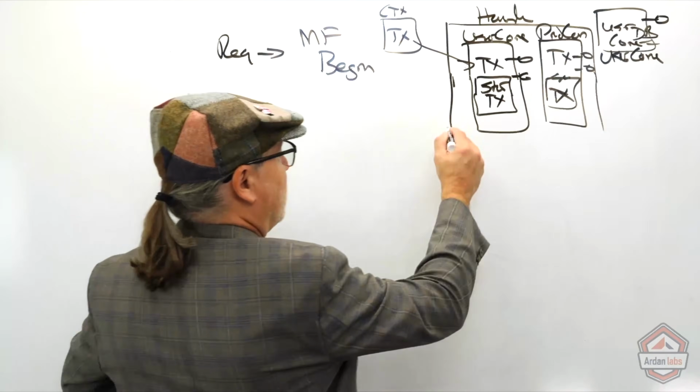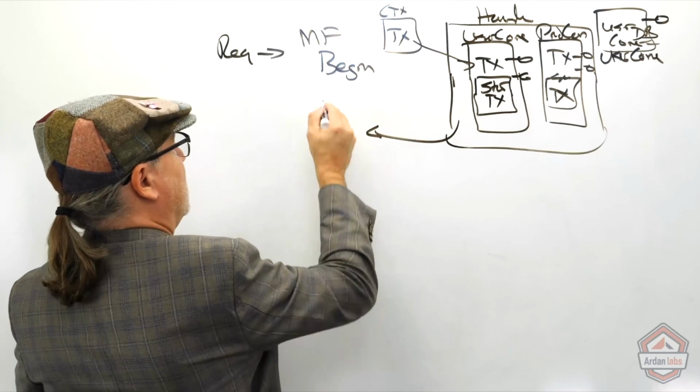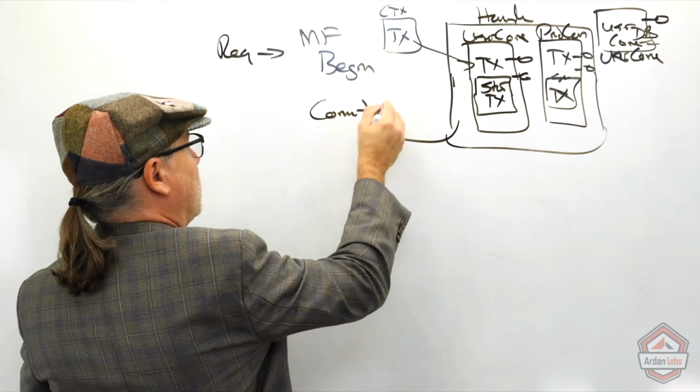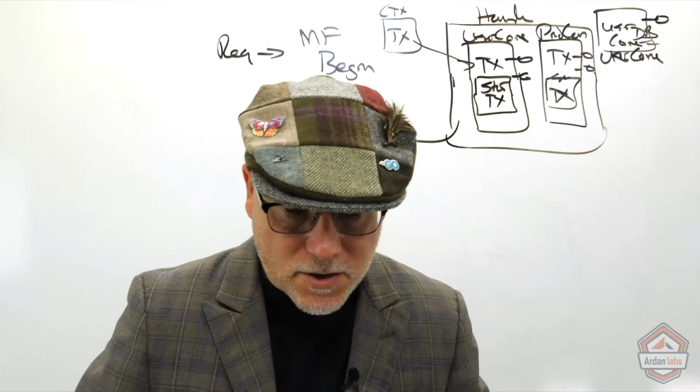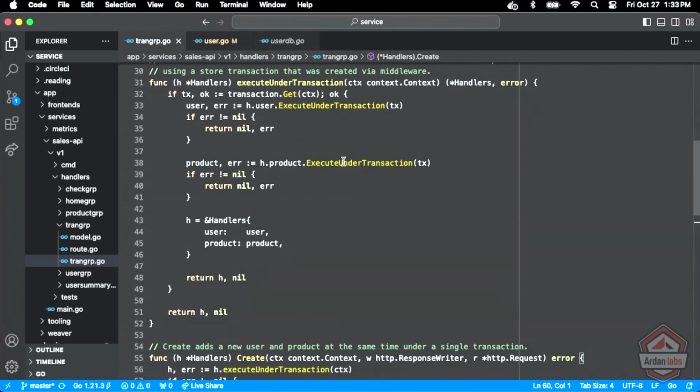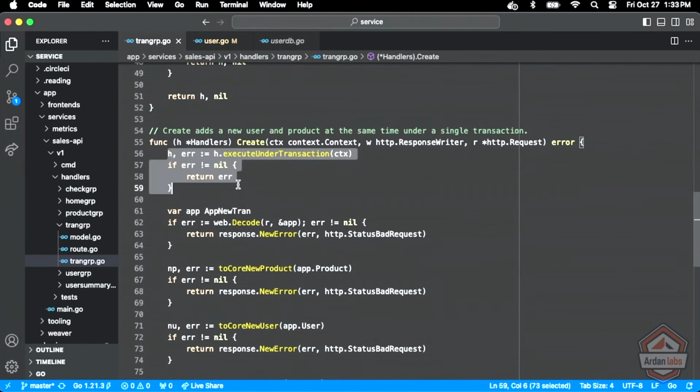And then when the handler returns, we have the commit or rollback. So all that handler developer needs to do is this at the beginning.